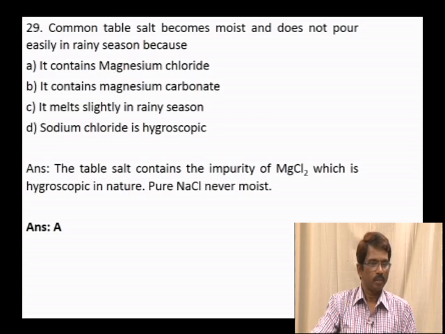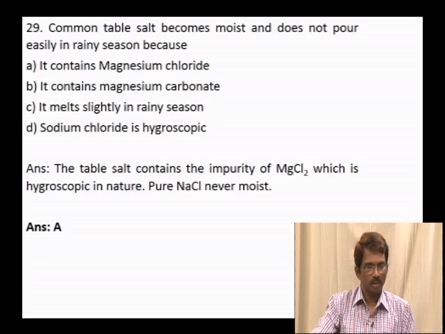In question number 29, common table salt, that is sodium chloride, becomes moist and doesn't pour so easily in the rainy season. The reasons given are that it contains magnesium chloride, it contains magnesium carbonate, it melts slightly in the rainy season, sodium chloride is hygroscopic.